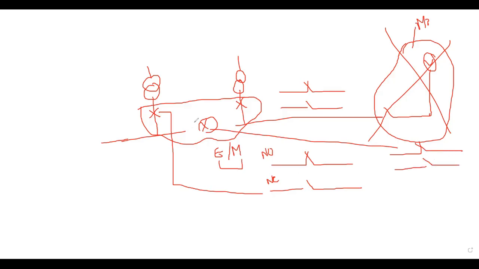Now, what is my aim here? I have to close only 2 breakers at any point of time. Suppose I want to close this breaker; let's call the 3 breakers A, B, C. If I want to close the A breaker, what are the conditions to be satisfied?